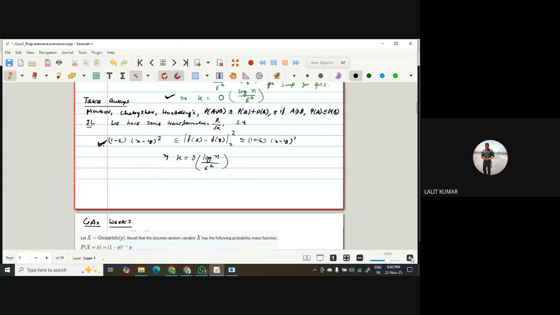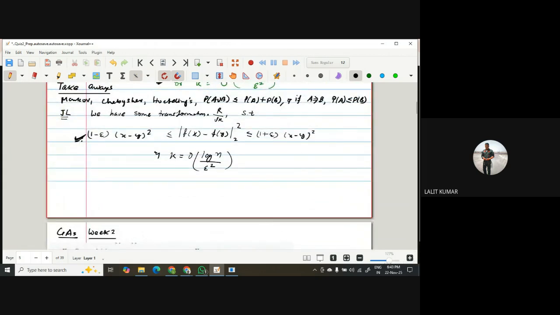There was a question. When we say the right hand side, it means the max of (f(x) - f(y))² is less than or equal to the min of (x - y)². When we take the left hand side, it means the min of (f(x) - f(y))² is greater than the max of this value.